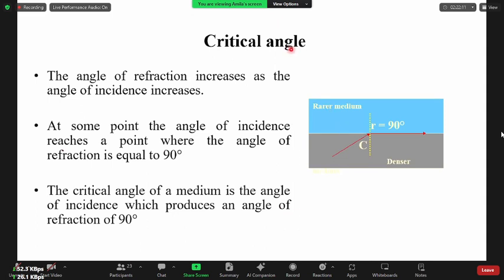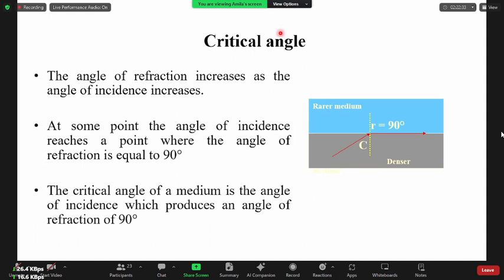Right. So when you discuss this refraction, there's an angle we call the critical angle. So what is this? The angle of refraction increases as the angle of incidence increases.